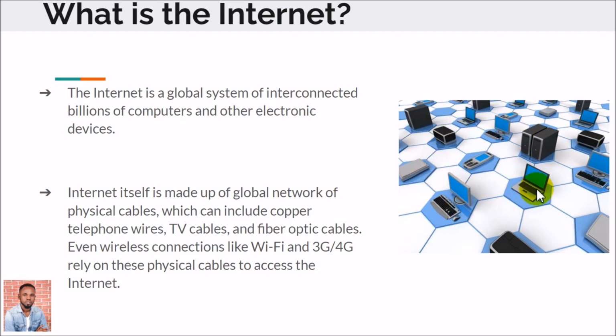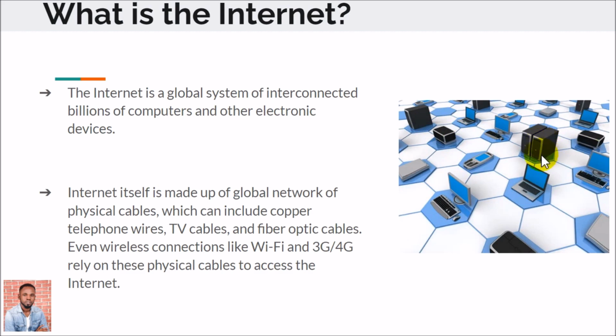Now this image here should explain in detail how the internet really is. These things are not wireless connections, that's not what it is trying to show you. You can connect to the internet in different ways, but the main structure of the internet is made up of computers that are connected with physical cables. It's through these cables that information is transmitted.